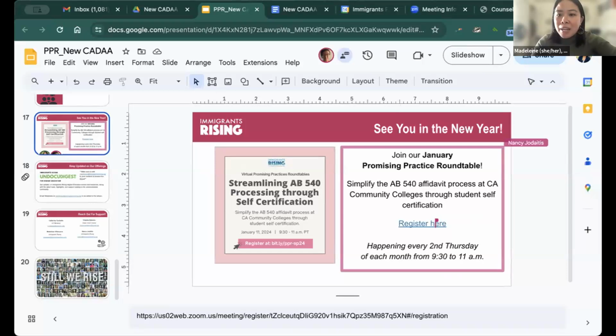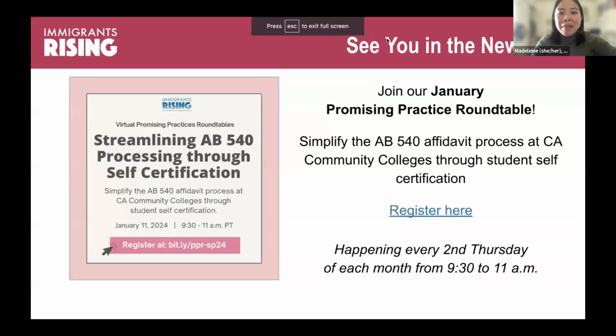I want to give a quick shout out for our next Promising Practice Roundtable. We're going to be picking it back up in January. Next month, we'll actually have a specific session geared towards community colleges because we want to talk about how to streamline the AB 540 process. Half of the California community colleges do not ask for additional documentation beyond the affidavit for their AB 540 students, in a process called self-certification.